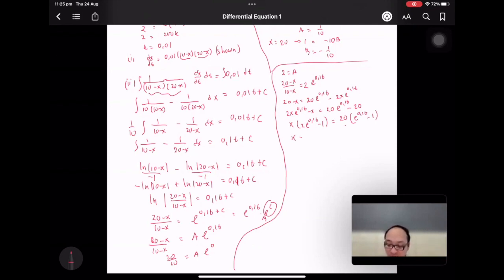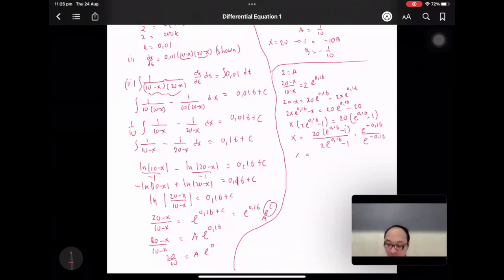So x will be equal to 20(e^0.1t minus 1) per (2e^0.1t minus 1). And then, as usual, I multiply with e^negative 0.1t.